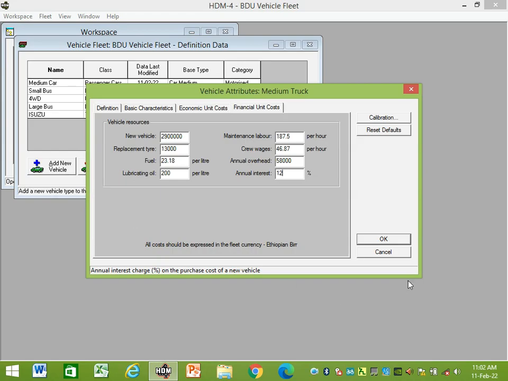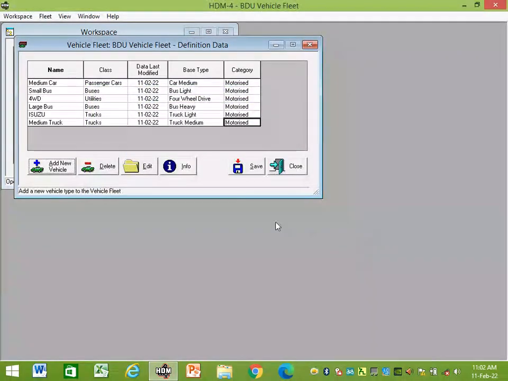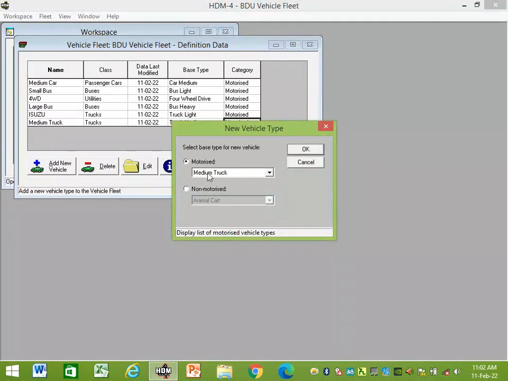Okay, you have the data with you. Save it, you have to save it. Heavy truck.